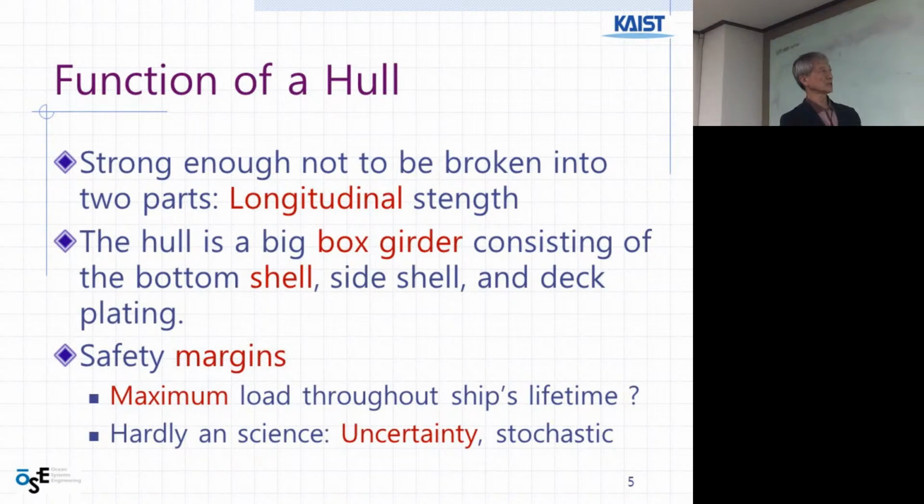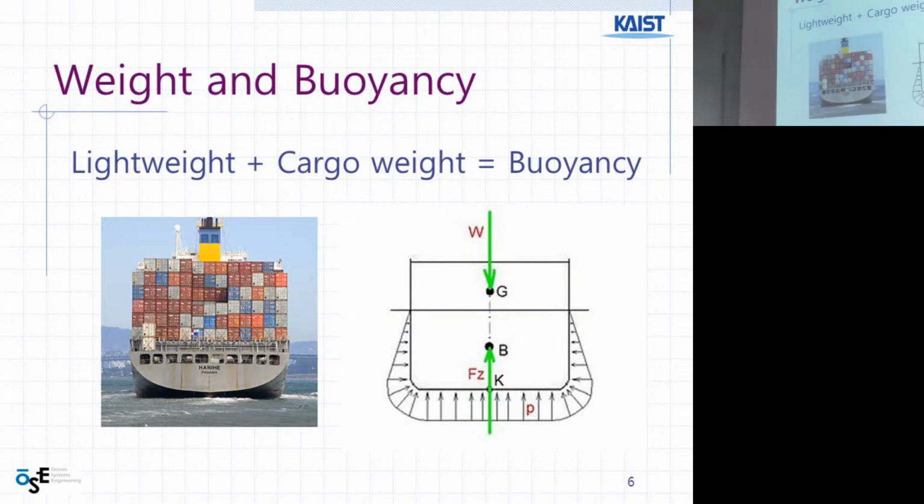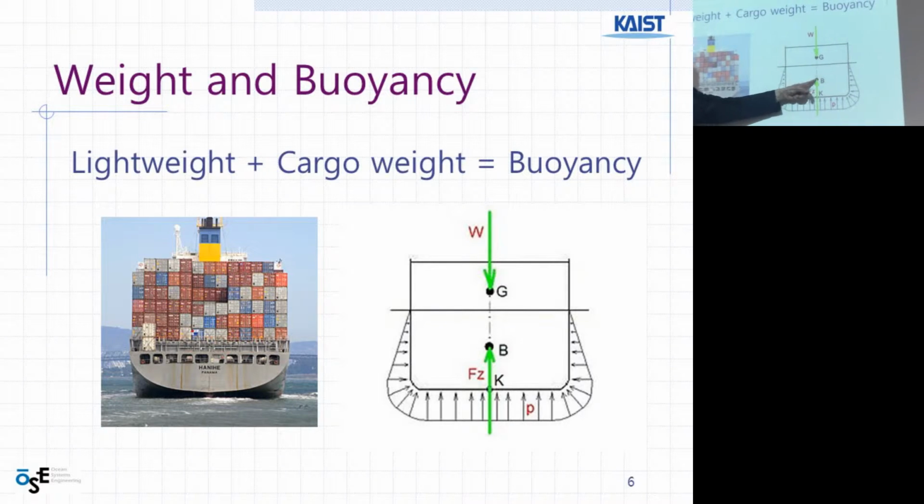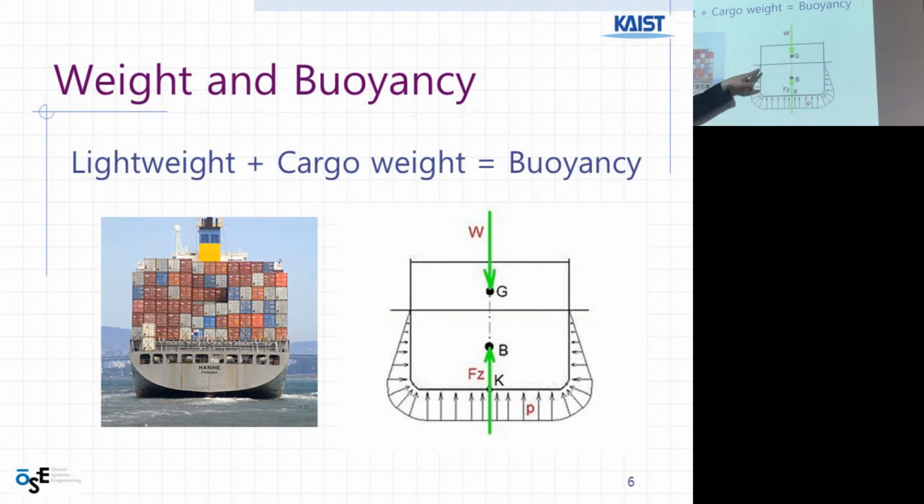So we see once again the balance between buoyancy and weight, right? Buoyancy comes from pressure, and pressure increases according to depth. Weight comes from all the load, but the load also changes along the life cycle and along the shipping route. The lightweight is almost steady for several months or years, while cargo weight fluctuates all over the schedule.